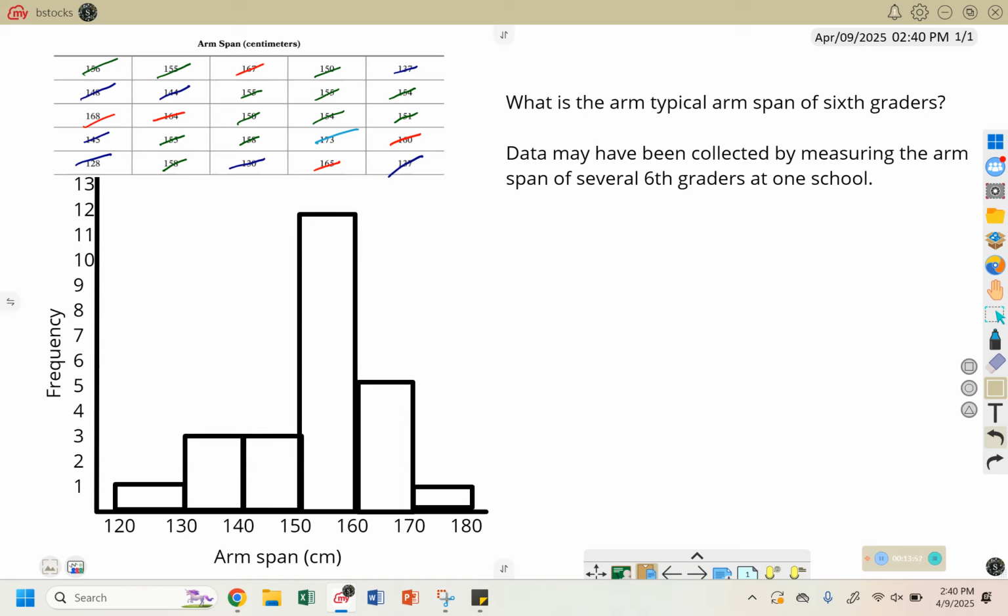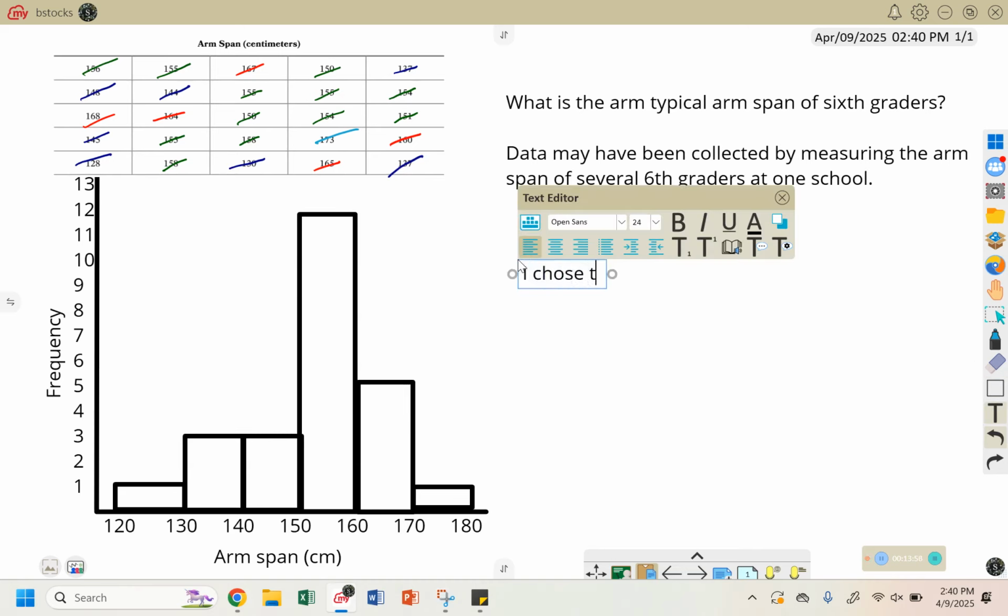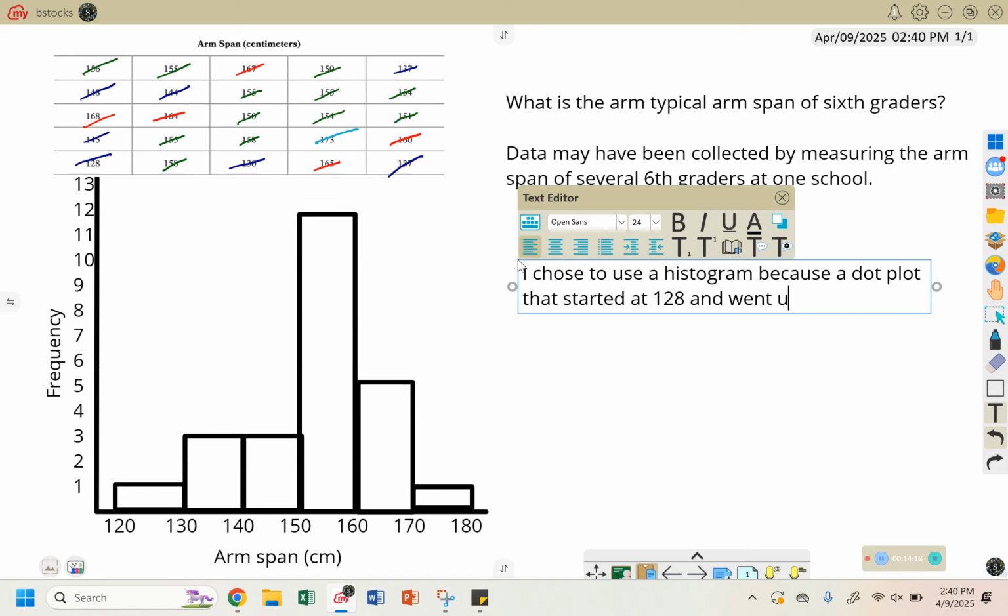It says an explanation of why you chose this data display. I chose to use a histogram because a dot plot that started at 128 and went up to 173 would require a very long number line.